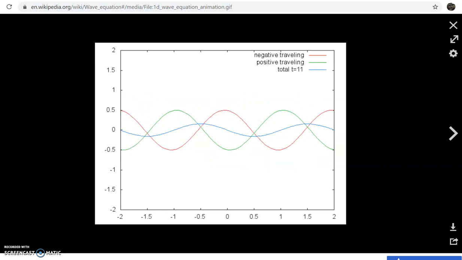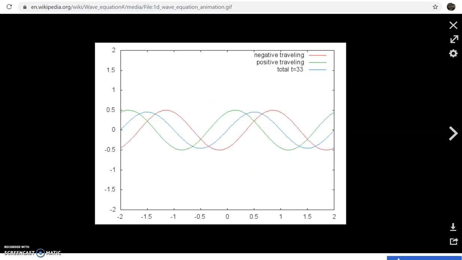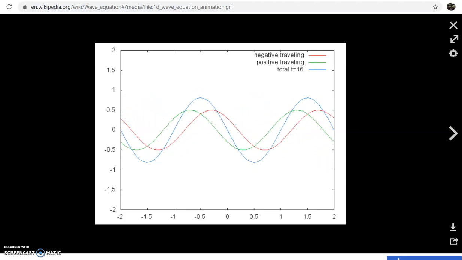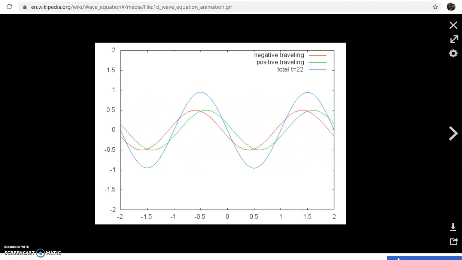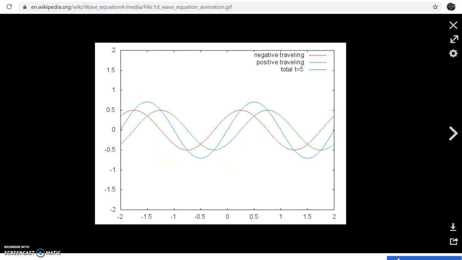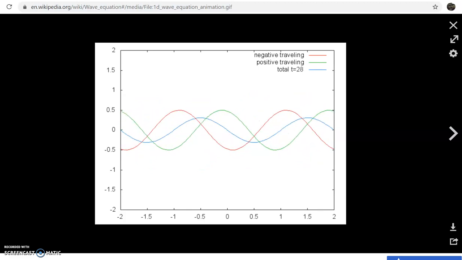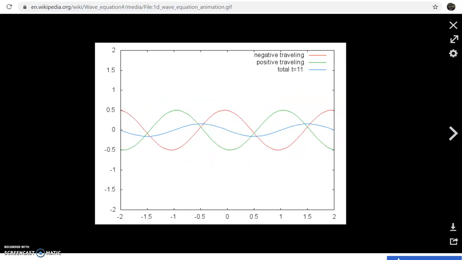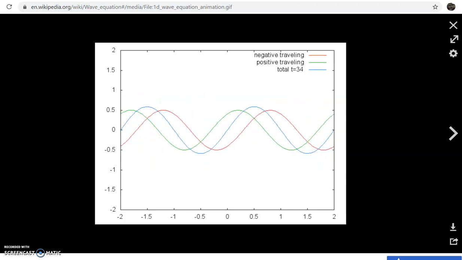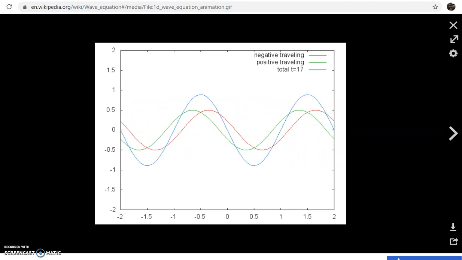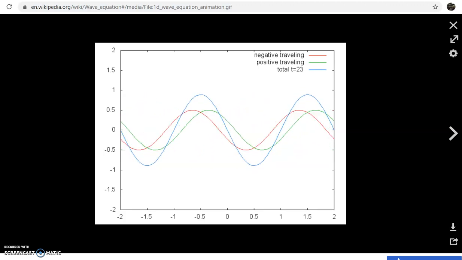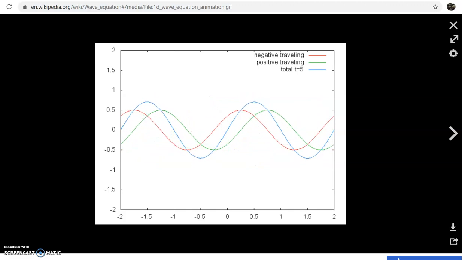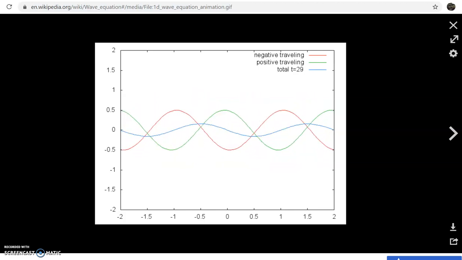You see, the red wave is going from right to left, and the green wave is going from left to right. And here that would be your choices, your two separate functions, K and L. Actually, here it happens that these two functions, probably depending on the initial conditions that were given, are going to be the same one, but they apply to one variable which goes from right to left, and the other one goes from left to right.